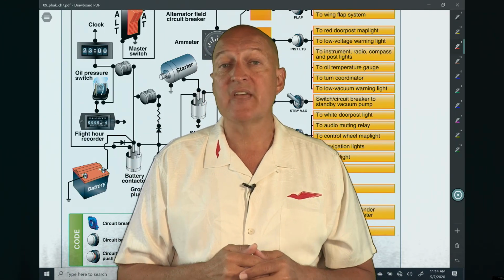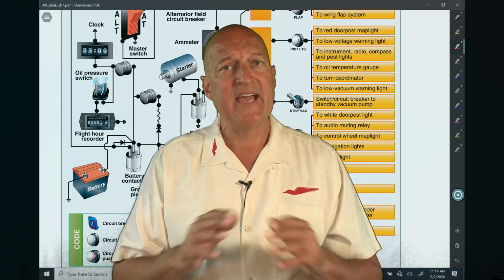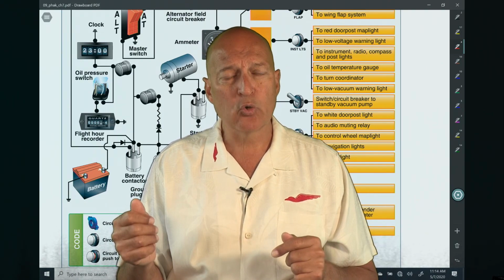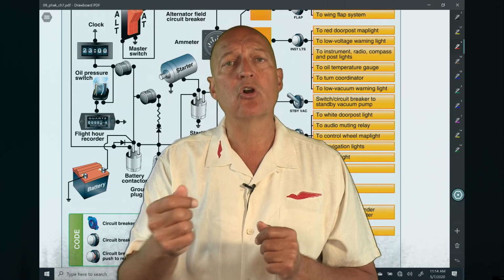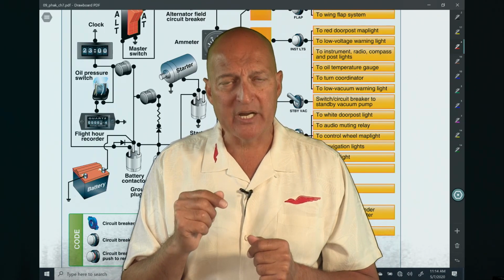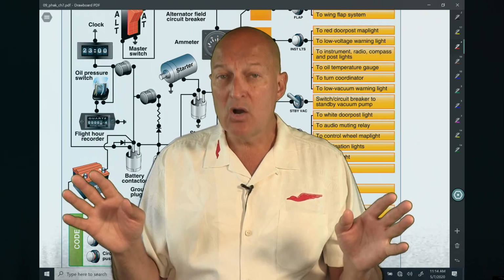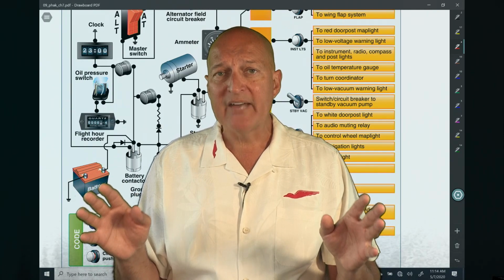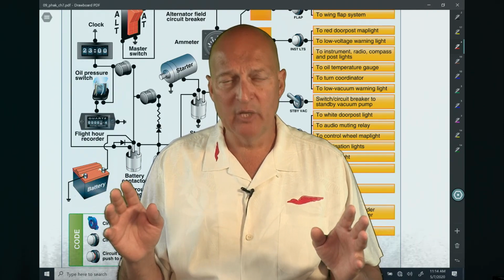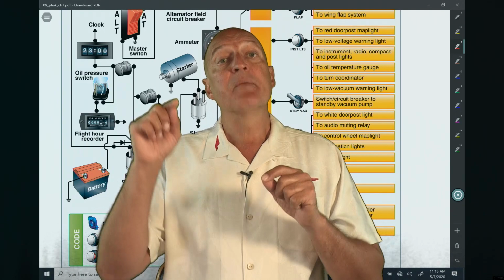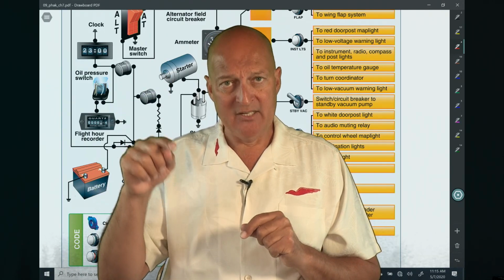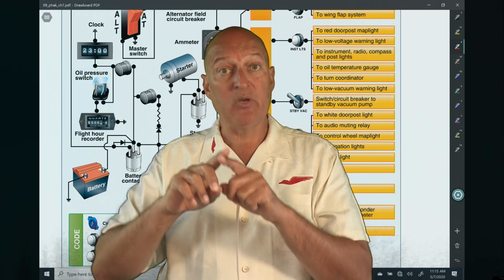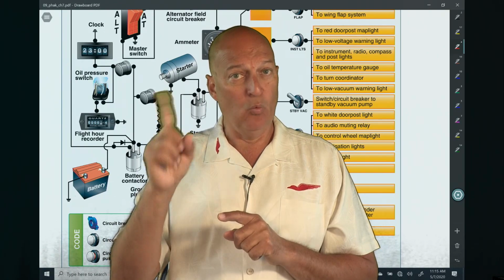Like, for instance, there's a thing called an essential bus that if the chips are down and your alternator quits working and now you're just down to drawing the electrons out of your battery, then you can prolong the duration that that battery will actually supply you meaningful electrons in your systems by reducing the demand on that system by saying, okay, I don't need 2 radios, 1 is fine.